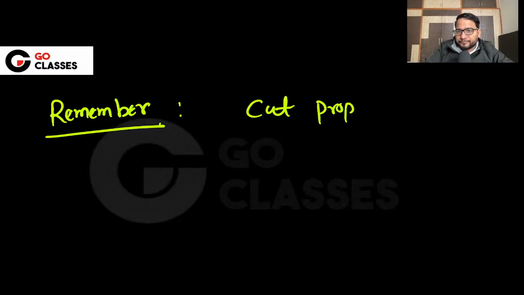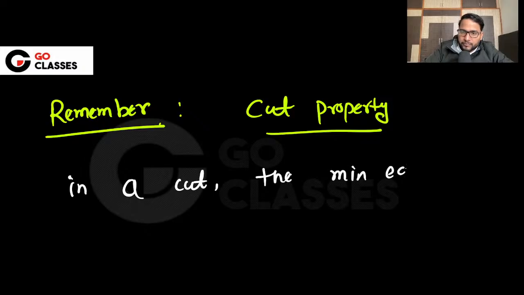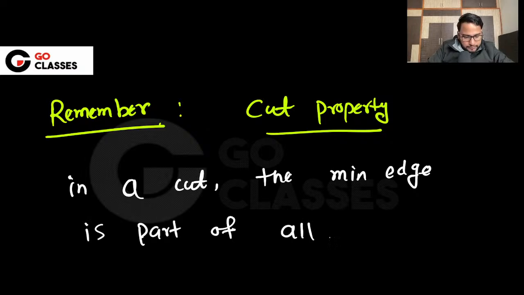So what does this cut property say? It says that in any cut, the minimum edge is part of all MSTs.